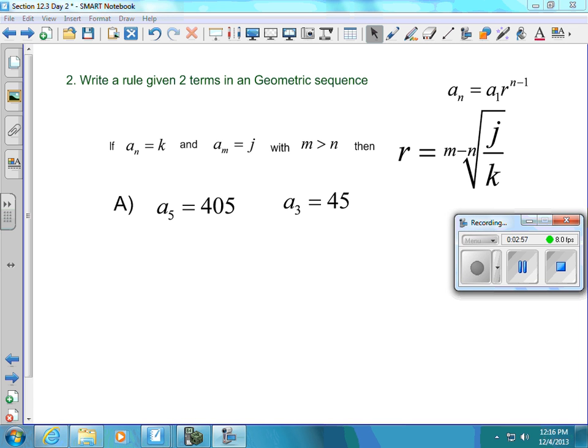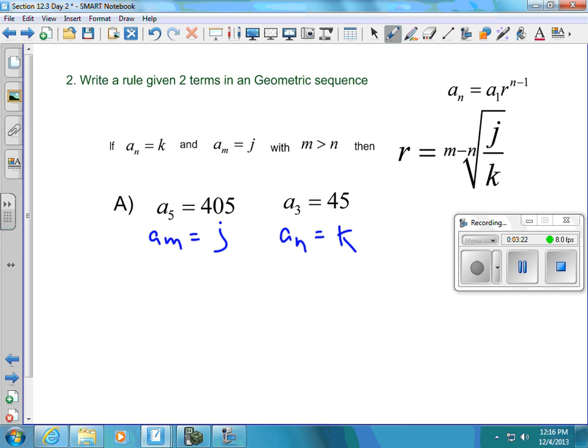So if we don't have an r, we've got to have r before we can plug in a term and solve for a sub 1. So we have to start with r first. If we look at this situation that we have here, 5 is bigger than 3. So this is a sub m equals j, because 5 is bigger than 3, and this is a sub n equals k. That's just going to make our formula work. So r equals the m minus n root of j over k.